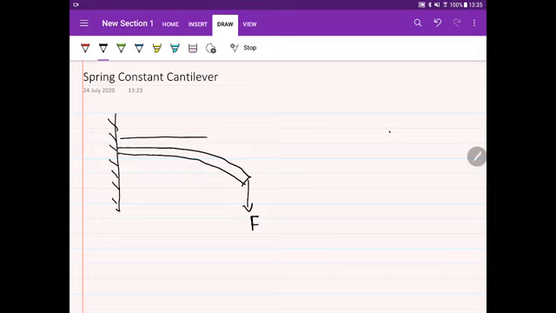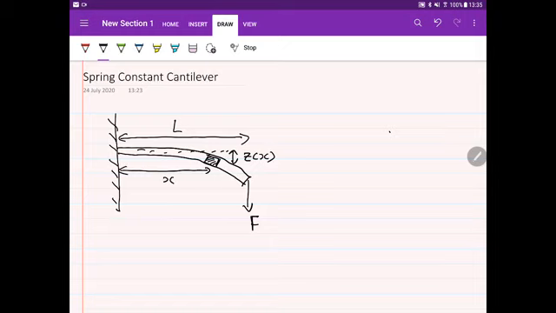We're going to say that the cantilever has a length of capital L, and then what we're going to do is consider a particular elemental section within this cantilever, and we can show that the cantilever is going to have a deflection at a particular point of Z at a position X along the cantilever.